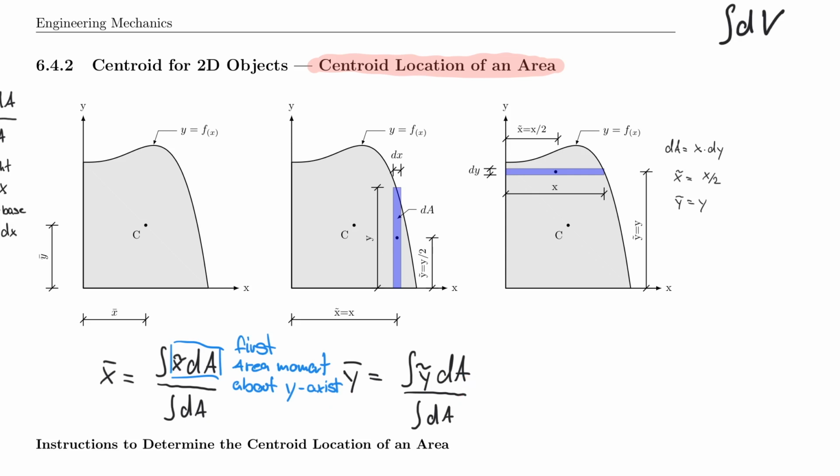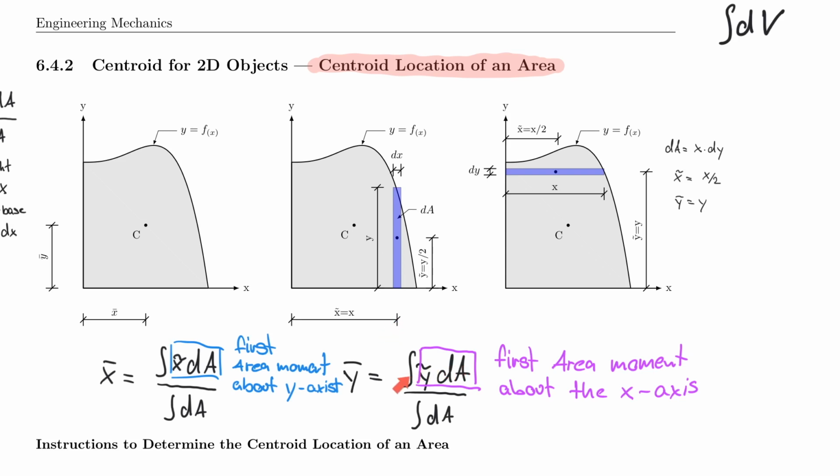And then here, on the other side, we have the first area moment about the x-axis. It's a little bit counterintuitive because you see a y in that equation, but that's exactly how that comes across.